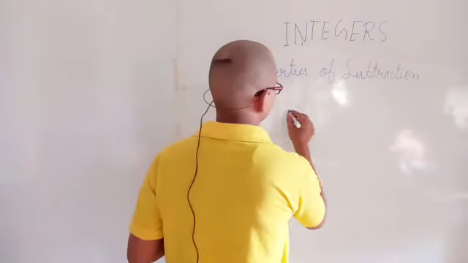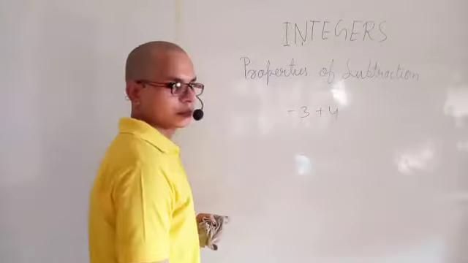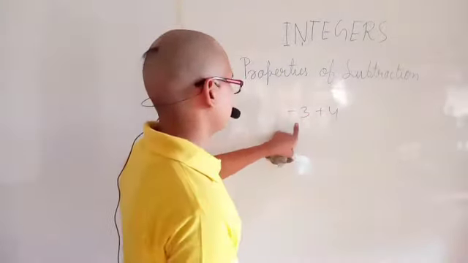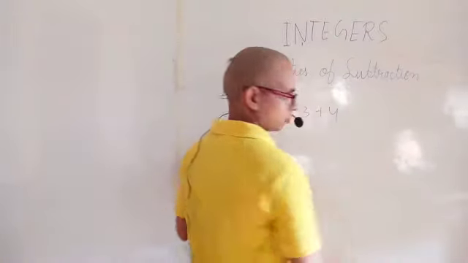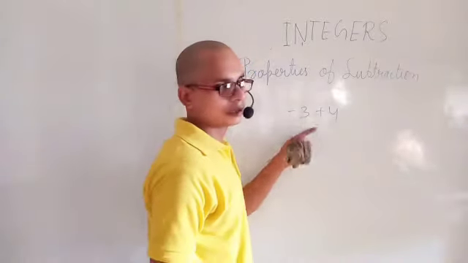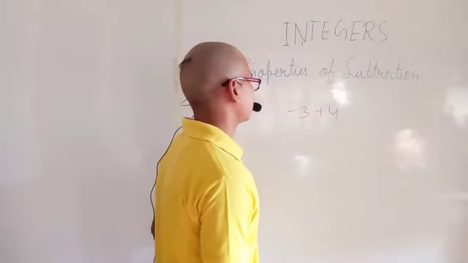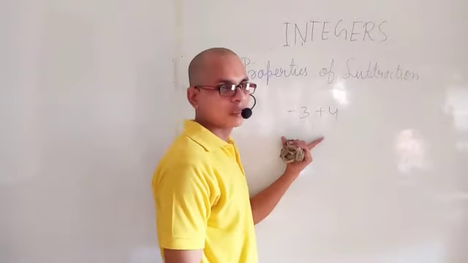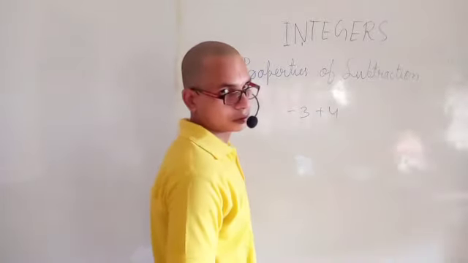If we are given minus 3 plus 4, okay, if we have two numbers and one is positive and the second is negative, subtraction will take place but the sign will be of the greater number.